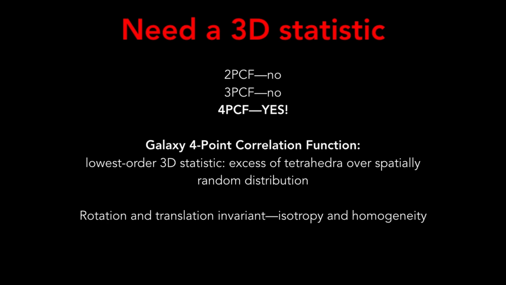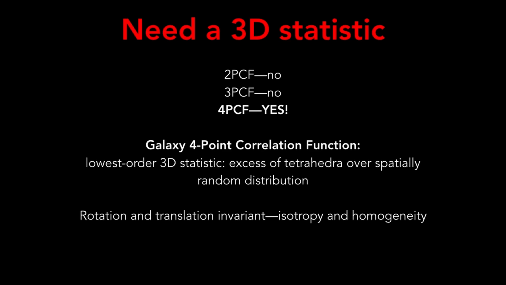However, the 4-point function is sufficient to distinguish parity, as you can easily see by putting one galaxy at the knuckle of your middle finger on your right hand, and 3 galaxies at your middle finger and 2 other fingers' fingertips on your right hand, and then doing the same with your left hand. What you'll see is that you can't take the tetrahedron formed on your right hand and rotate it into the one formed on your left hand. You've produced 2 distinct mirror image tetrahedrons that cannot be made into each other by rotation.